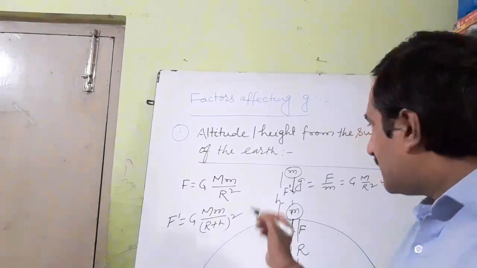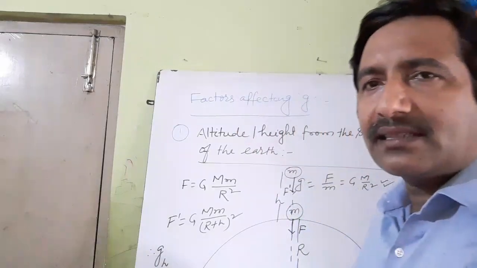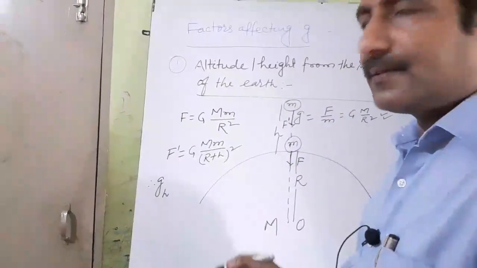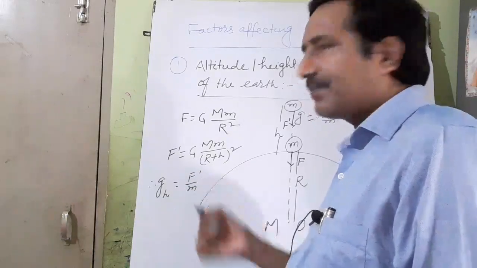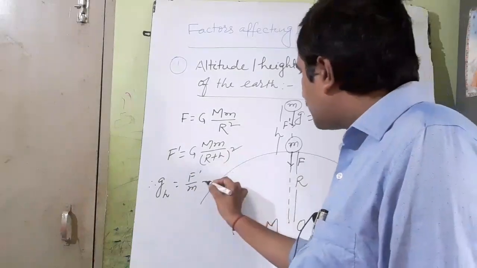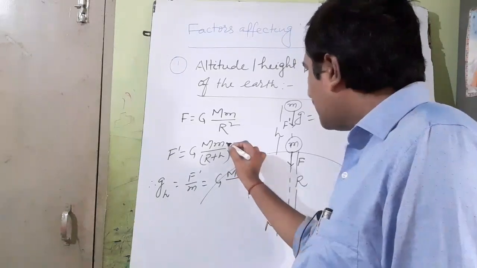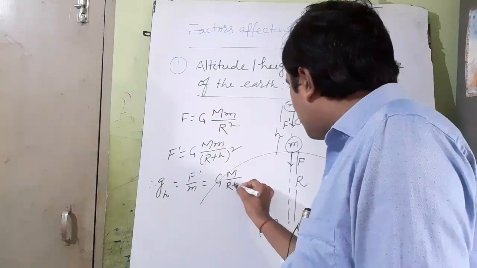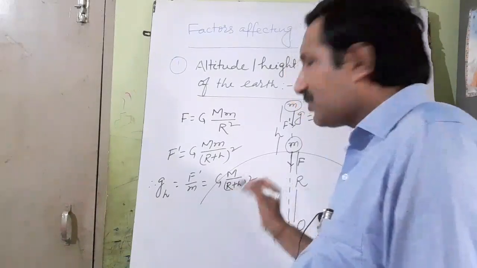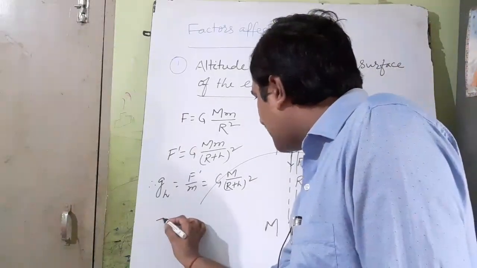Therefore acceleration due to gravity at height h, g h, can be written as F dash by m. You see, F dash is GMm by (r plus h) squared. M and small m will be cancelled out. Ultimately you will have GM by (r plus h) whole squared. So this is the expression for acceleration due to gravity at height h.